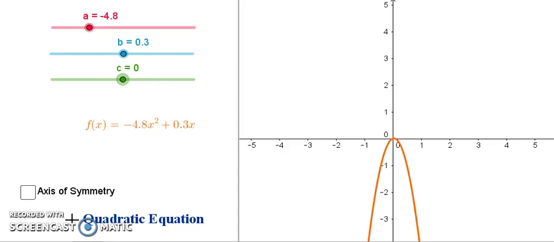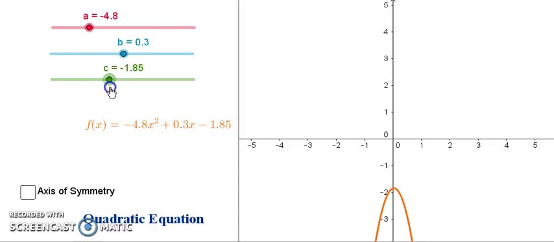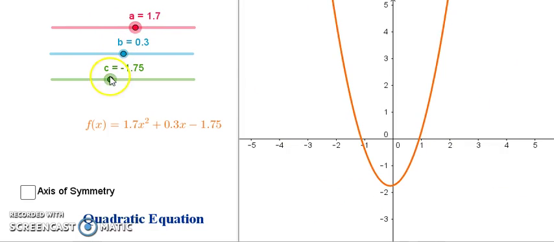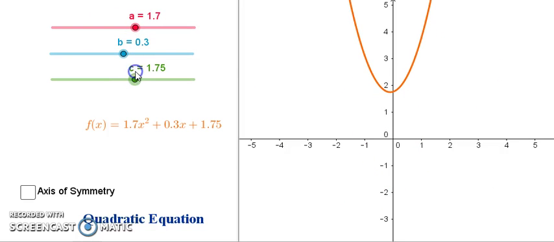So that means we'll have a complex number. And the graph of the parabola, if it is a complex number, will look like this. So it will not cross the x-axis. There is no real solution. So it will either look like this, or if our a is positive, it would be somewhere up there. It will not cross.